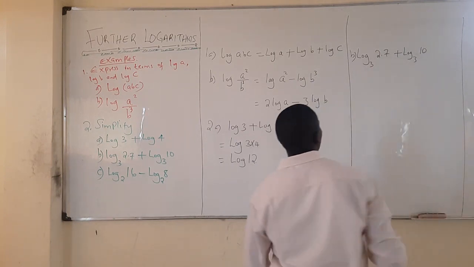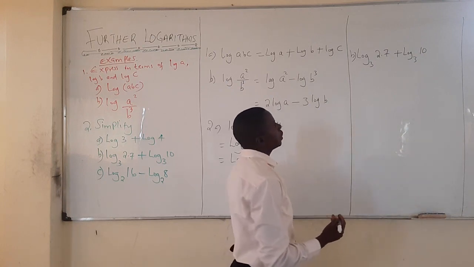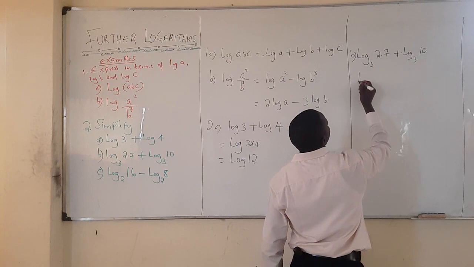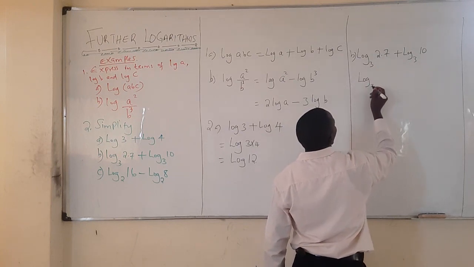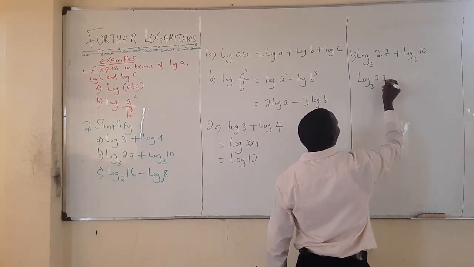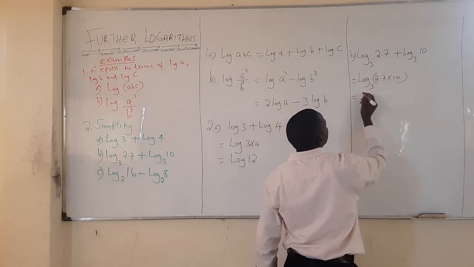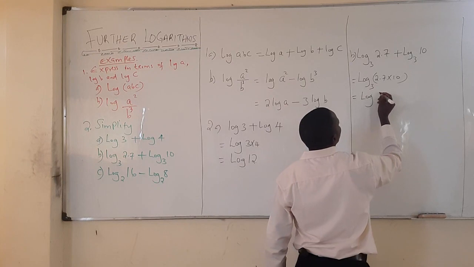So in this case, we want to simplify this, and the first thing we do is that we have the log to base 3, 2.7 times 10. Then this is going to be the log of 27 base 3.